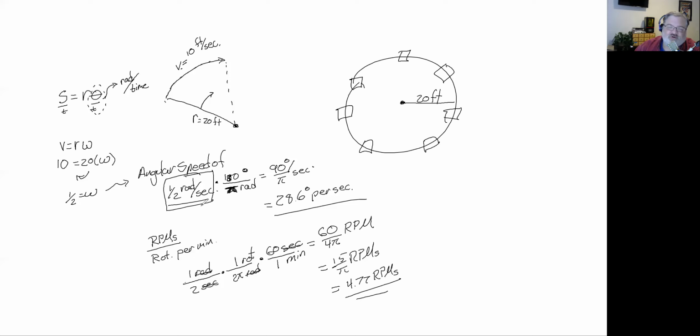It's always nice if we're told radians per second, but that doesn't happen very often. But with any of these, we can do a little dimensional analysis to turn it back into radians per second. That radians per second goes into this really nice little formula, multiplied by the radius, and we get the speed of the cars. If you know the linear speed, the velocity of the object around the curve, and you know the radius, then we can go this direction.